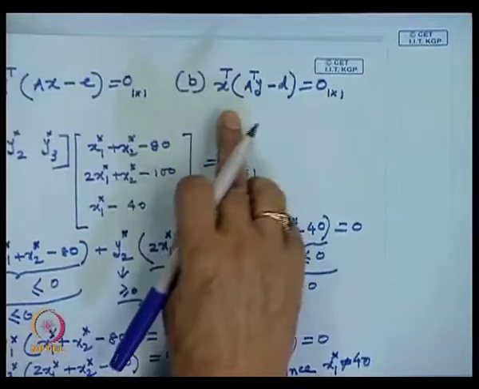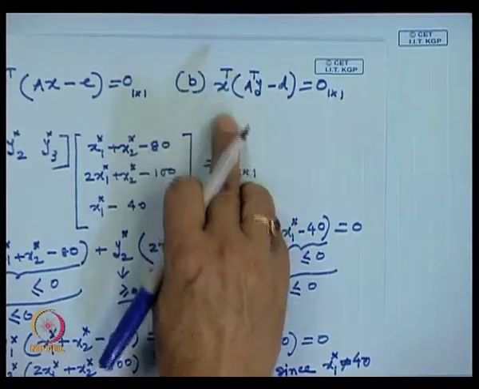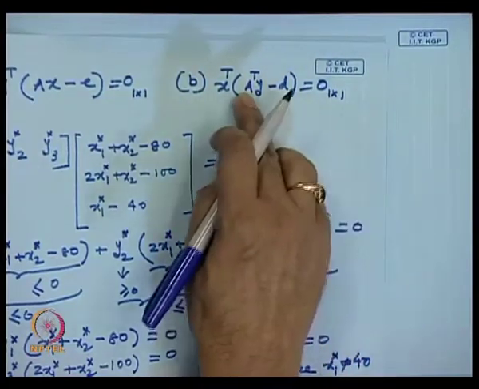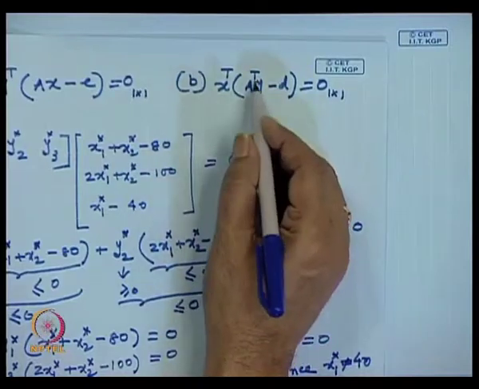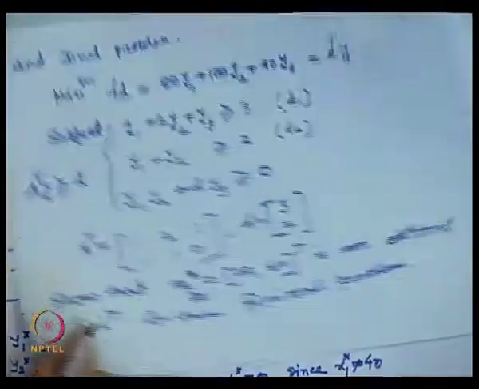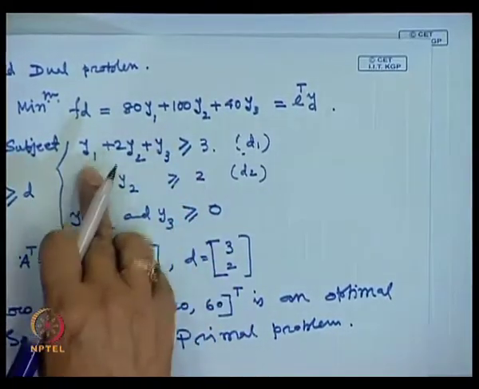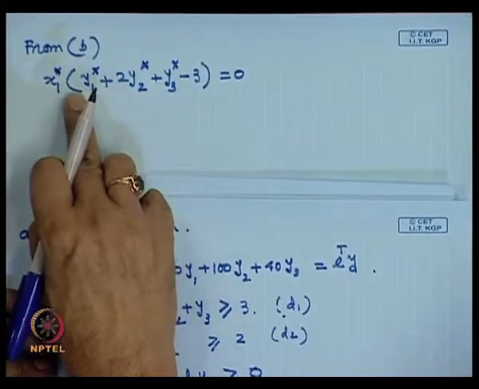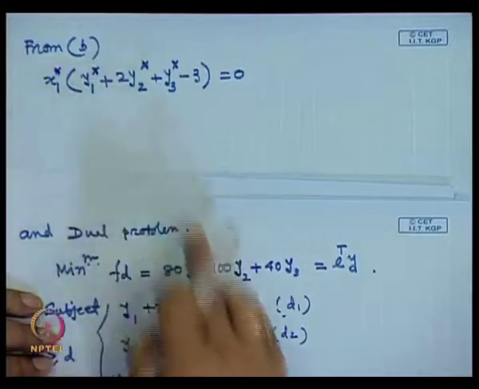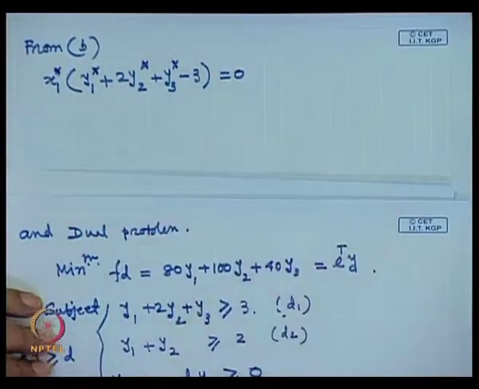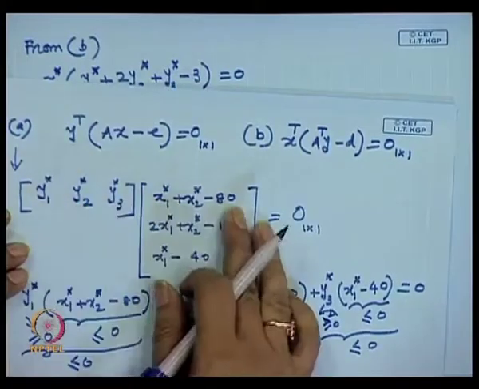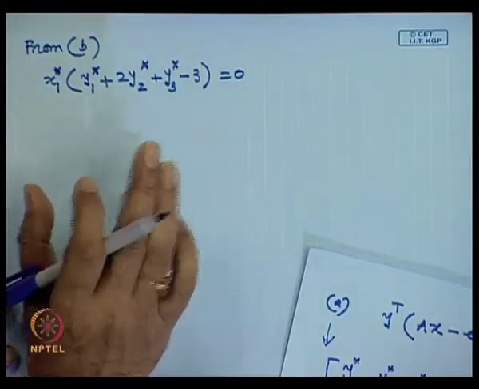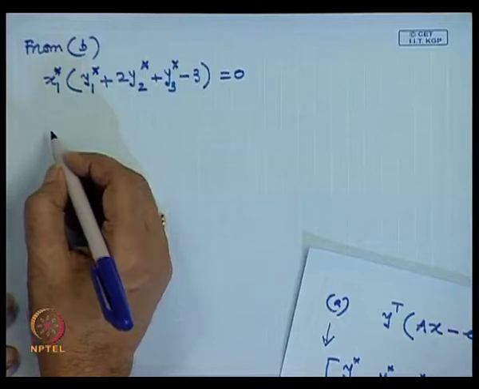I am just applying x1 transpose, then x2, x3 multiplied by A transpose y minus D. You know A transpose y minus D is this equation, so I am writing this equation now. Because if you expand in a similar manner with the same logic, each individual component must be 0. So this is 0, agree?